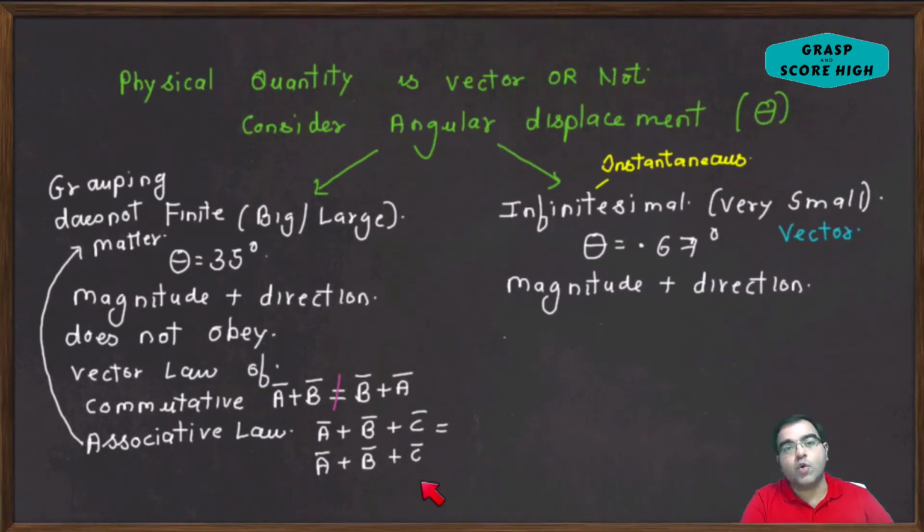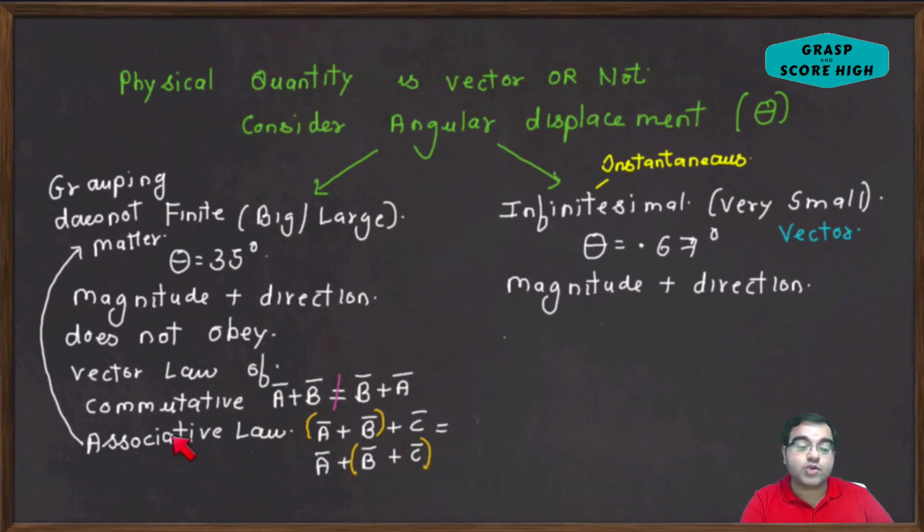In mathematics, you always evaluate your brackets first. So here, if I write the bracket for A bar plus B bar, I am evaluating this bracket first and then coming to C bar. In this case, I am first evaluating B bar plus C bar and then adding A bar. So the grouping is different.